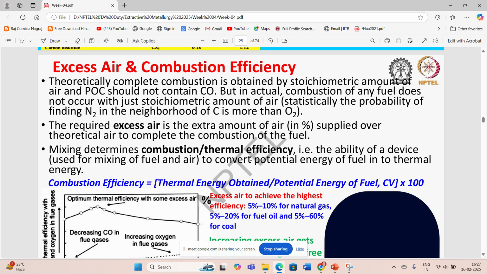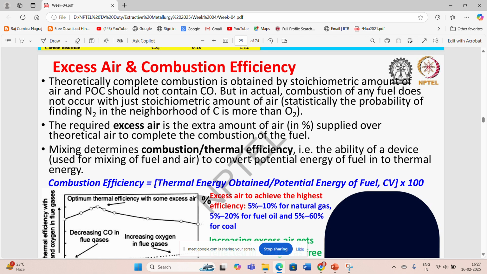Theoretical complete combustion is obtained by the stoichiometric amount of air, and POC should not contain CO. But actual combustion of any fuel does not occur with just the stoichiometric amount of air. Statistically, the probability of finding N2 in the neighborhood of carbon is more than O2. The required excess air is the extra amount of air supplied over theoretical air to complete the combustion of the fuel.